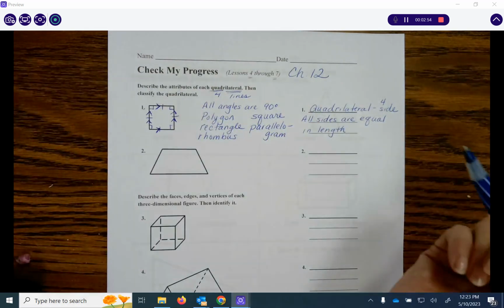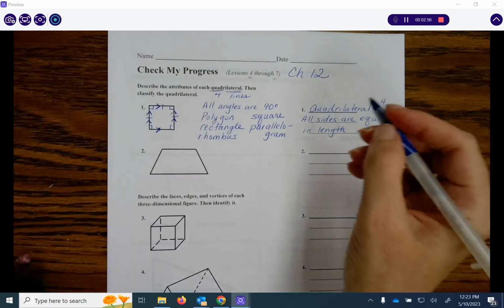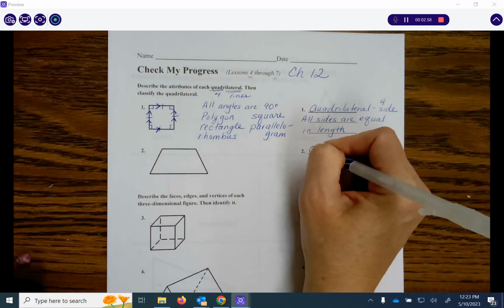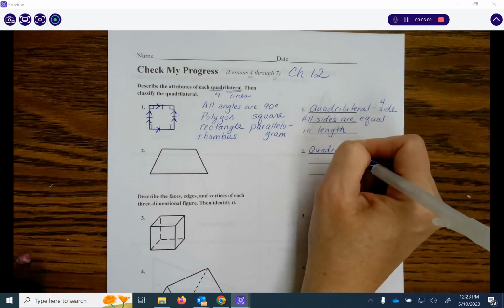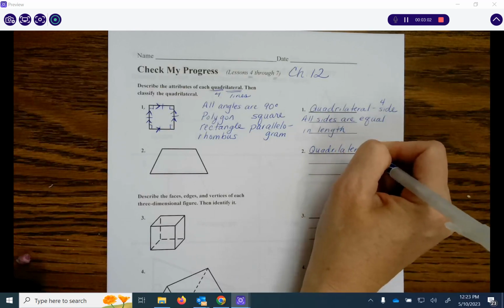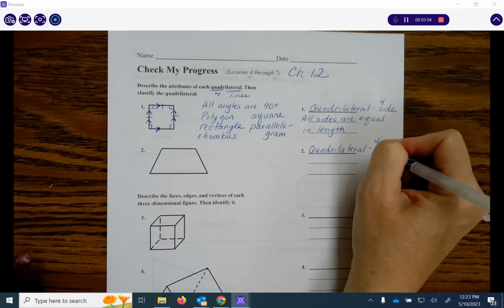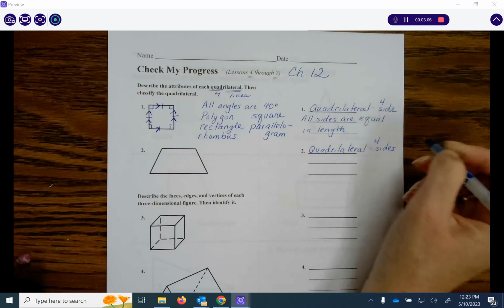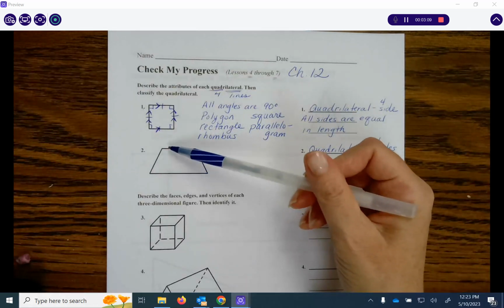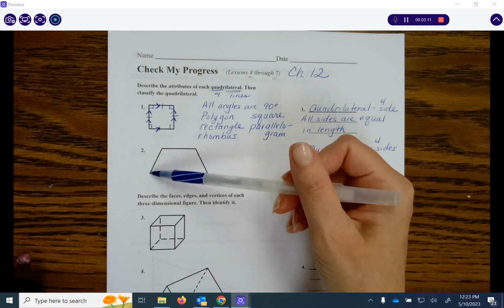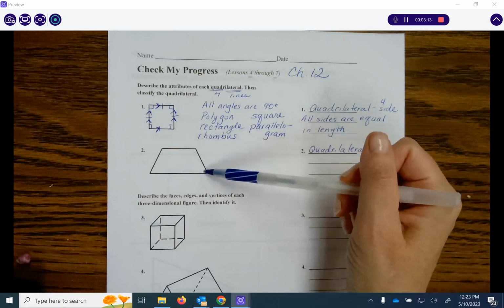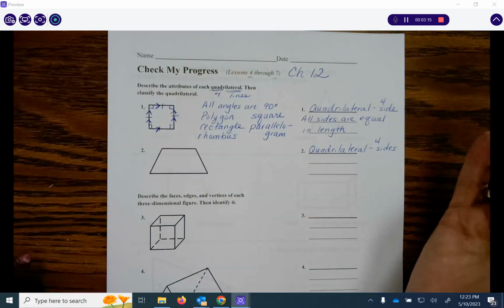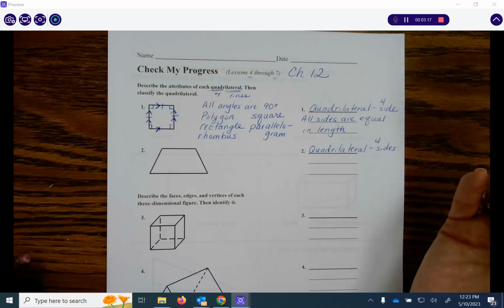All right, question number 2. It is a quadrilateral. Four sides. In this case, it does appear that these sides may be equal, but I can't tell for sure unless I get a ruler out.